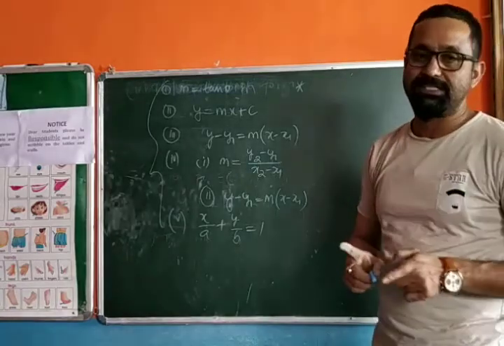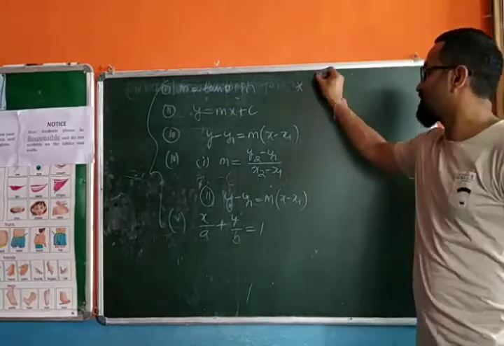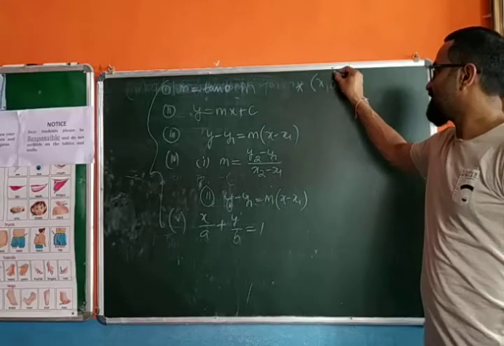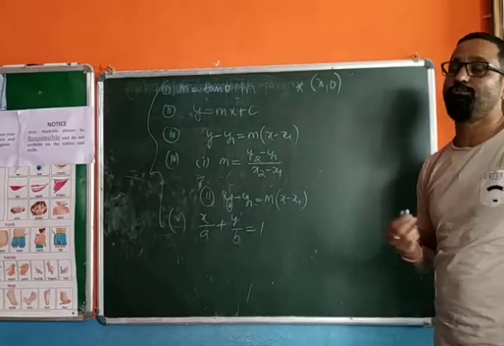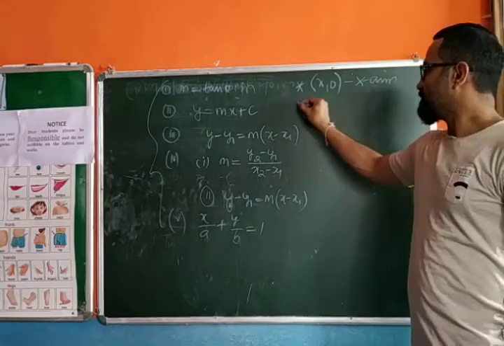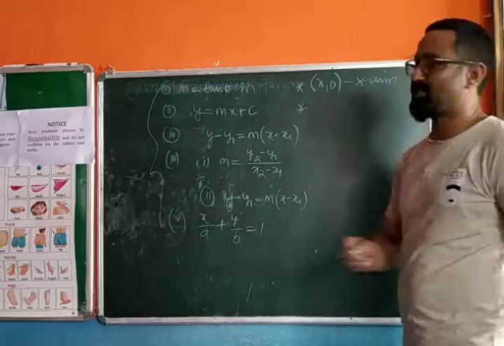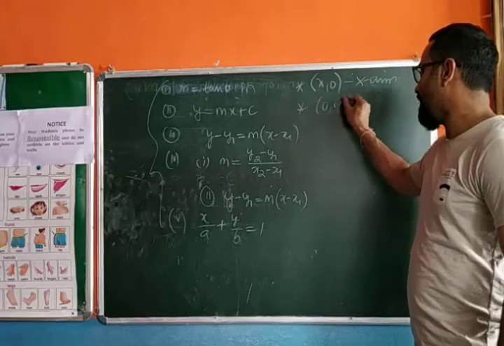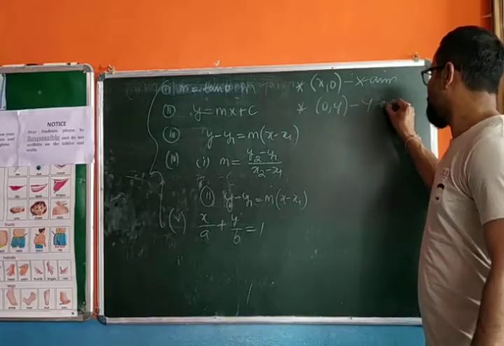And one more important term to remember. If the line is intersected by the x-axis, the coordinate of the intercept is x comma 0. This is the x-axis intercept. Similarly, if it is the y-axis intercept, then it will be 0 comma y. That is the y-intercept.